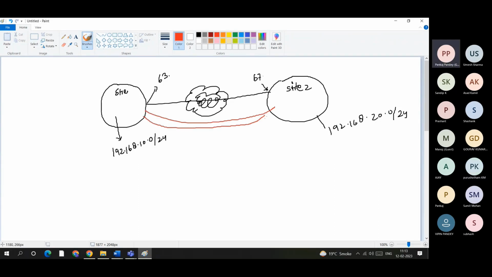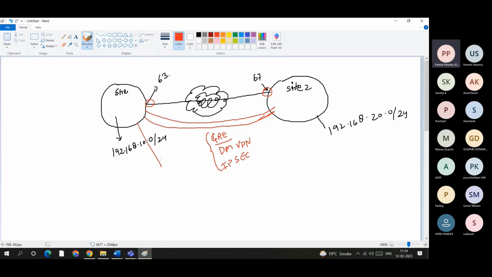Either you make an IPsec tunnel in between and share the private subnet over that, or you have a GRE tunnel, DMVPN, or IPsec tunnel. You need a lot of configuration to do these things. Correct? Yes.